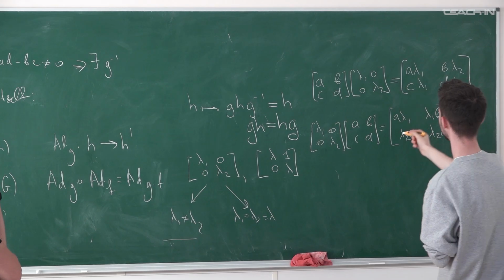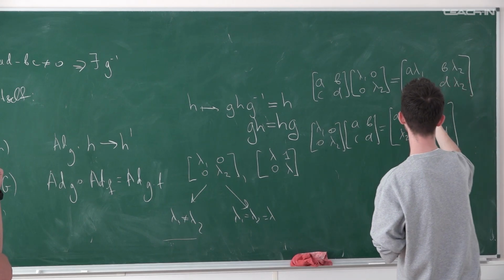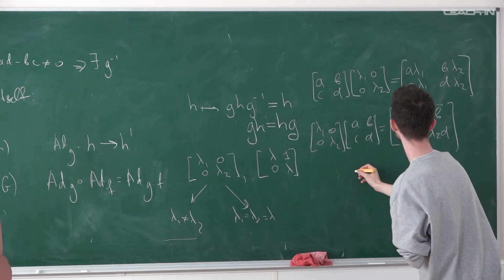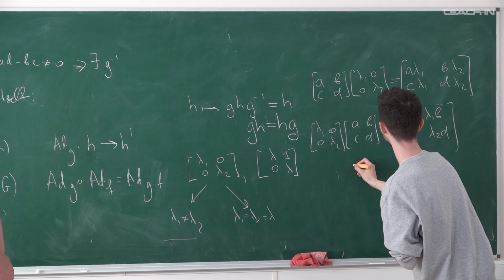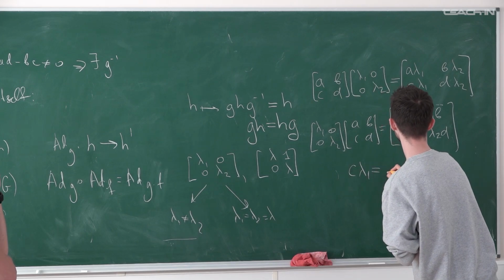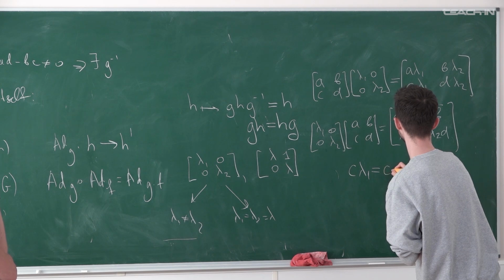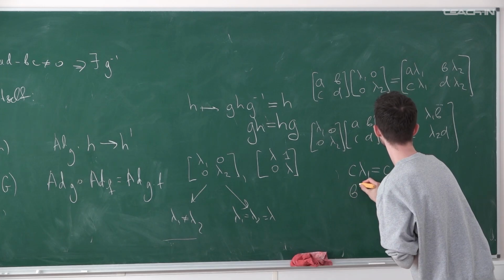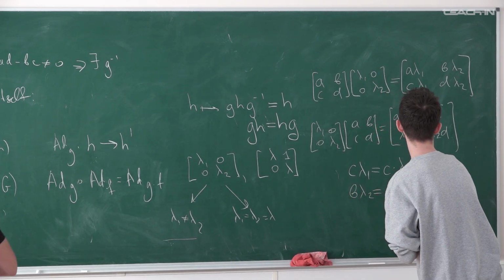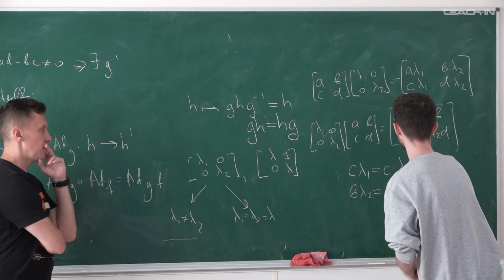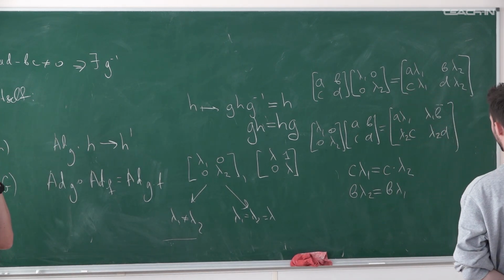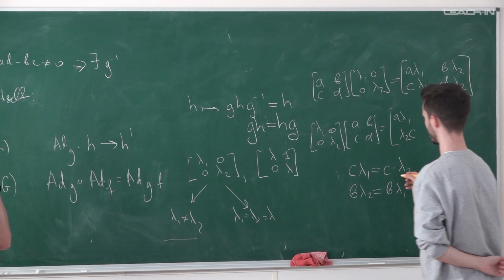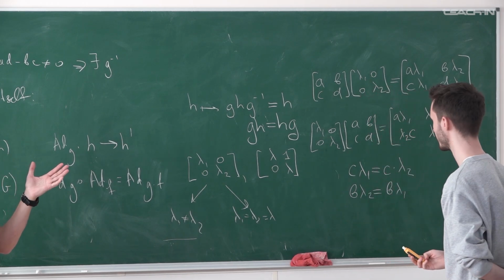Then we look at this. So A is not fixed. So we have to impose this condition, and if lambda 1 and lambda 2 are different, then it means that we have to set B and C equal to 0.